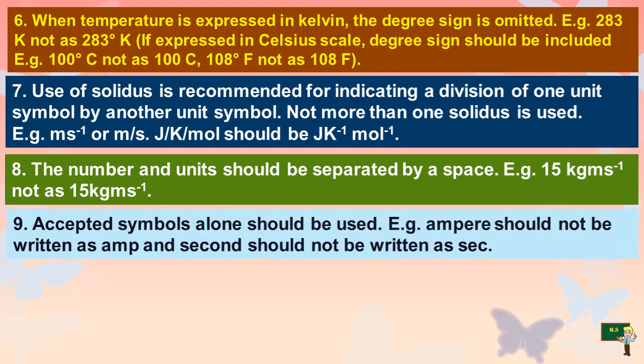Seventh one, use of solidus is recommended for indicating a division of one unit symbol by another unit symbol. Not more than one solidus is used. That means m s^-1 or m/s, that means meter per second, and joule per Kelvin per mole, and it should not be written as joule per mole per Kelvin per meter, like that.